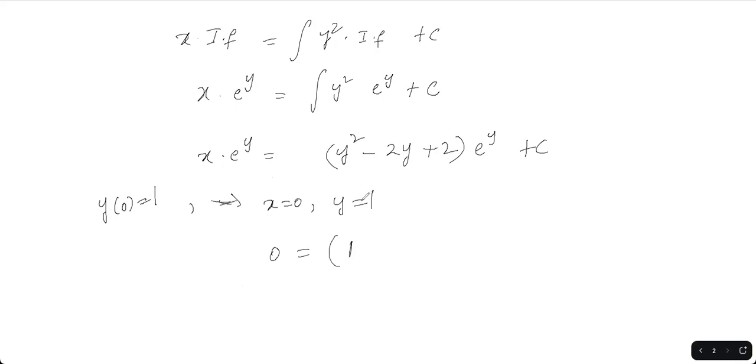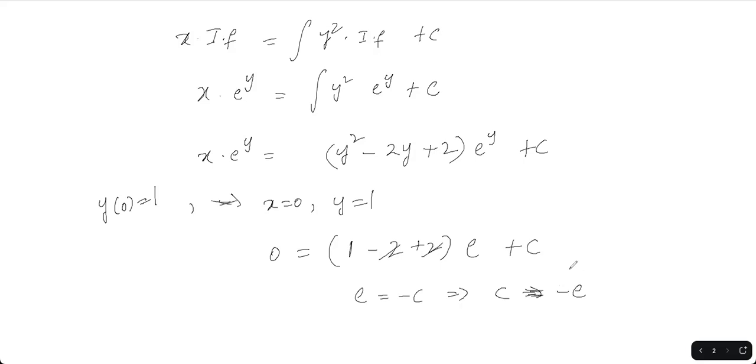On the right, y is 1, so 1 - 2 + 2 is 1, and e to the power of y is e, plus c. So we get 0 = e + c, or c, which is the constant, is equal to -e.